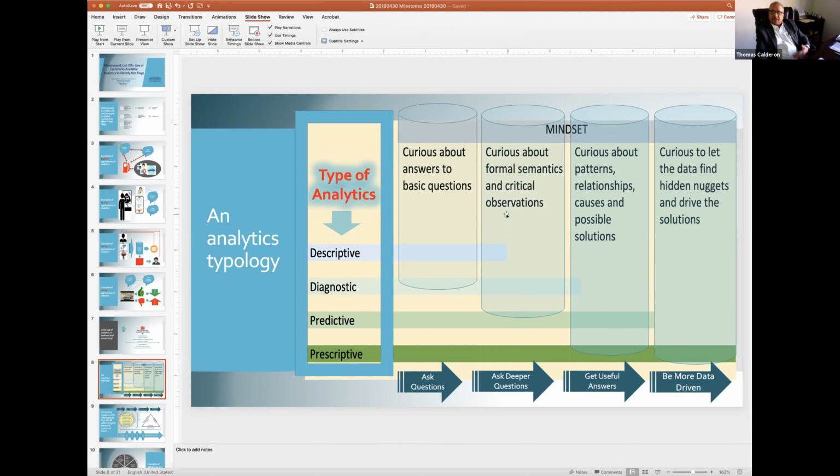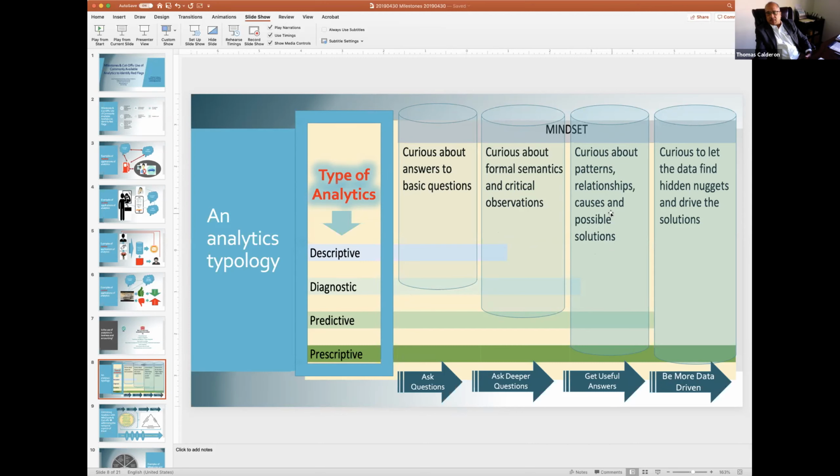That's sort of diagnostic. But in some instances, we may be curious about patterns, we may be curious about relationships, we may be curious about solutions. In other words, for those people who do not brush regularly and who could purchase toothbrush heads a little more often, what can we do to nudge them into that type of behavior?